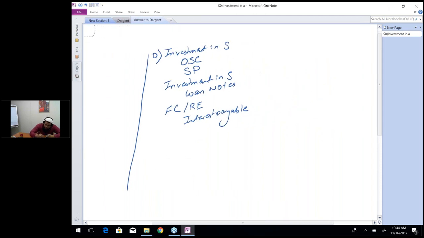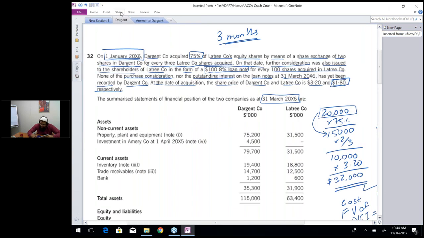So the loan notes were actually of $15,000. So investment debit, loan notes credit for $15,000. And for the share exchange, the value was 32,000 with 10,000 shares. As the par value is 1, the share capital will be recorded at the par value.